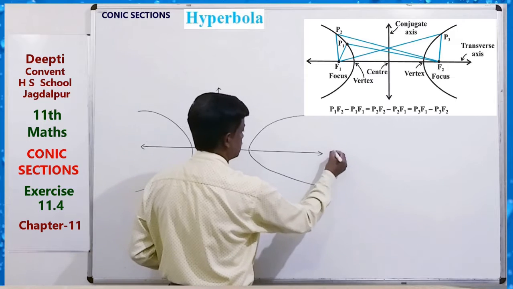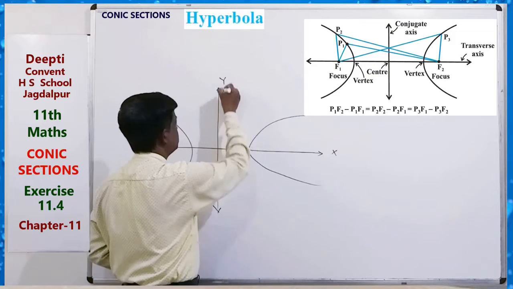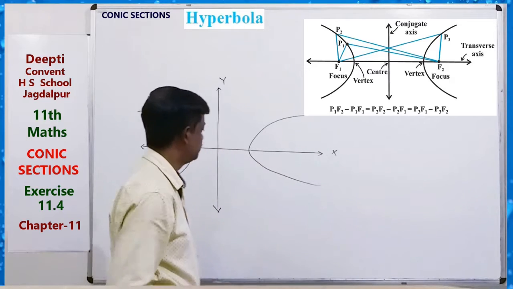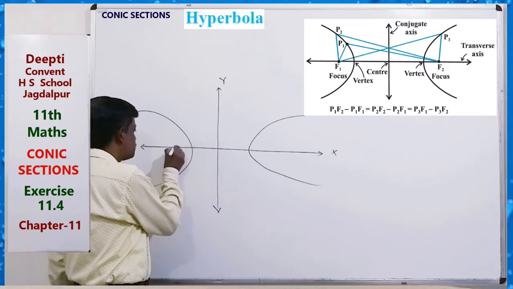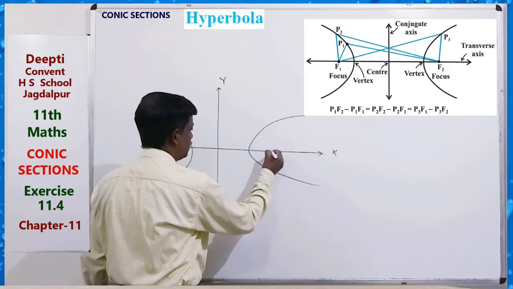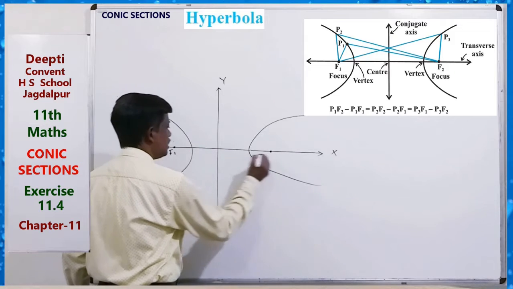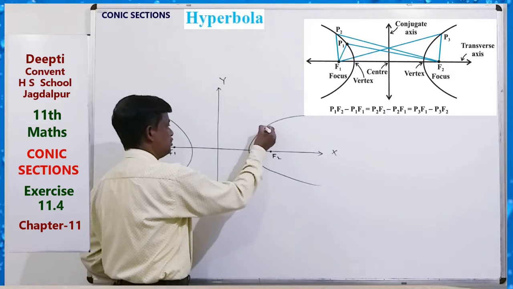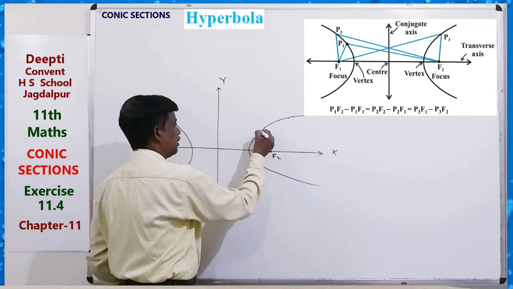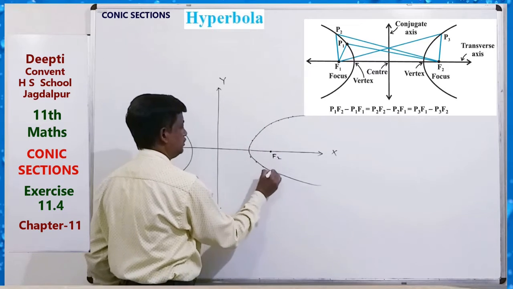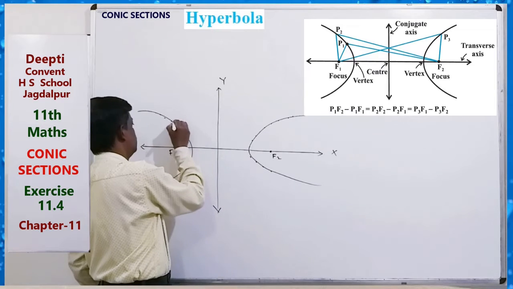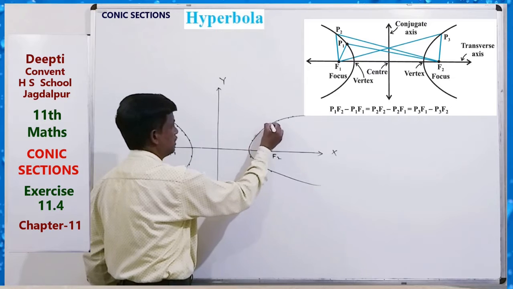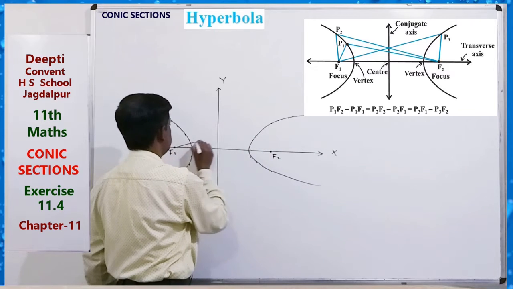If this is the x-axis and this is the y-axis, suppose this is a fixed point and this is a fixed point. This is F1, this is F2. These are the two fixed points, and points on this or this, double-sided, can be anywhere.